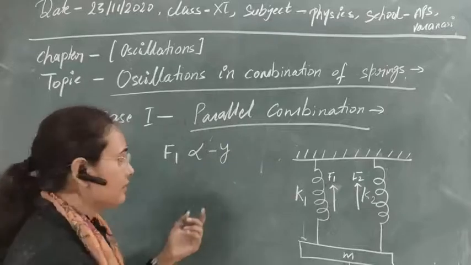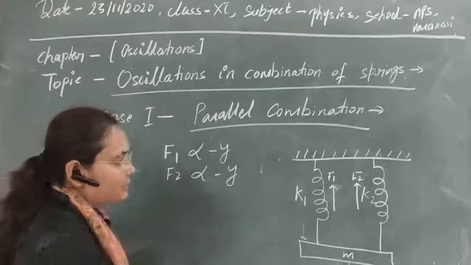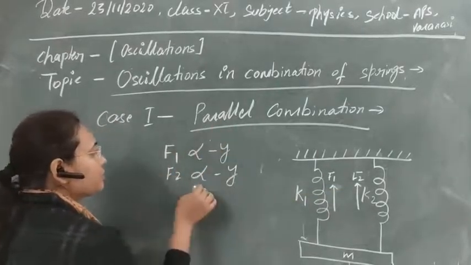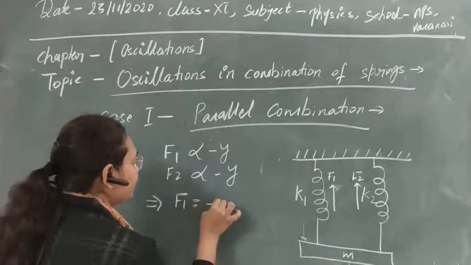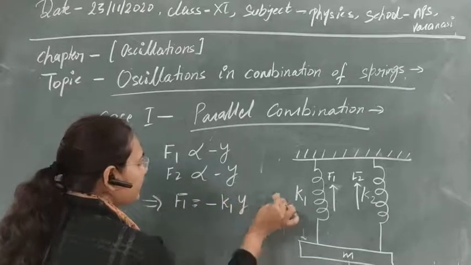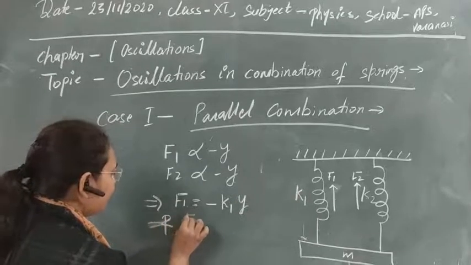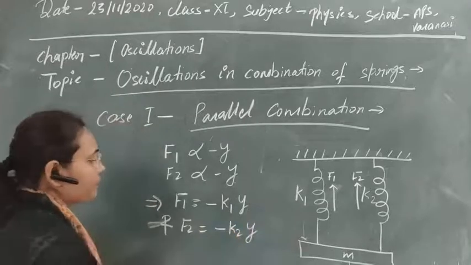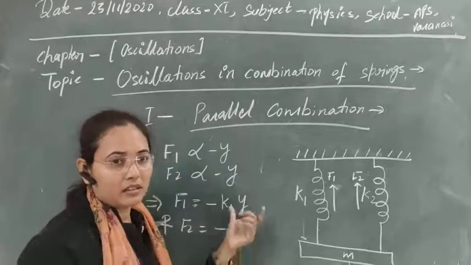Y is the extension, and also F2 is directly proportional to minus Y. Clear? If we remove the proportionality sign, we obtain F1 equal to minus K1Y, where K1 is the force constant we have taken, and F2 equal to minus K2Y. So there are two restoring forces that we have taken here.